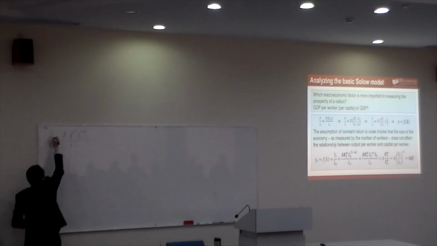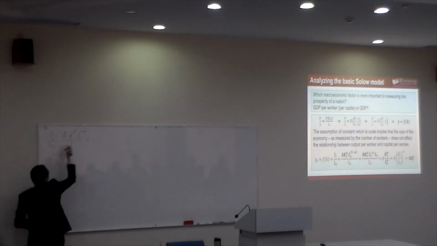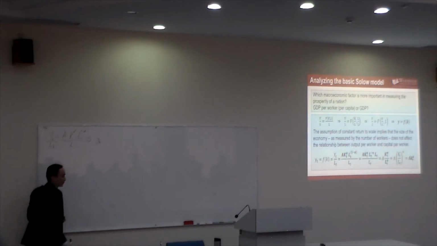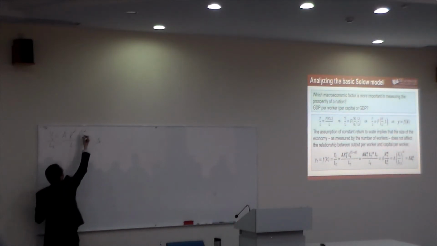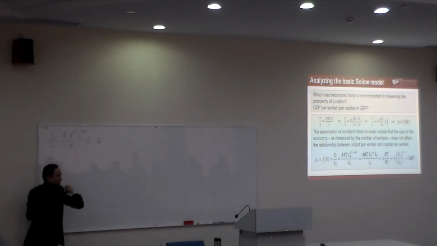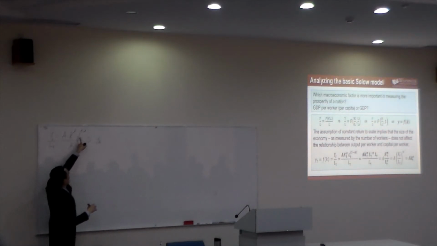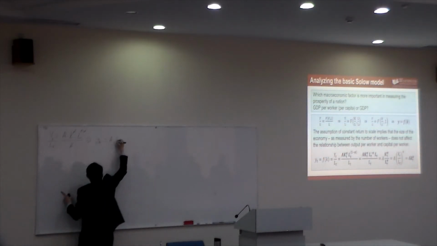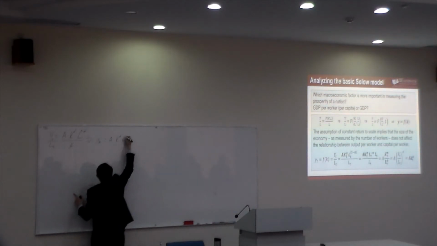So output over labor gives us per capita output, right? Now we are able to cancel labor with the denominator labor. What we have left is labor to the power alpha times labor to the power minus alpha. So technology times capital to the power alpha times labor to the power minus alpha.